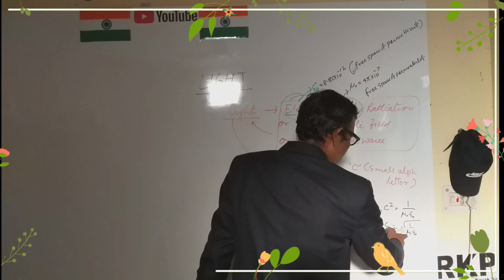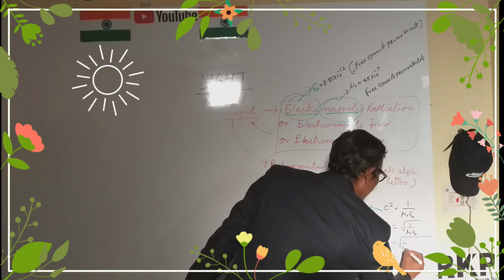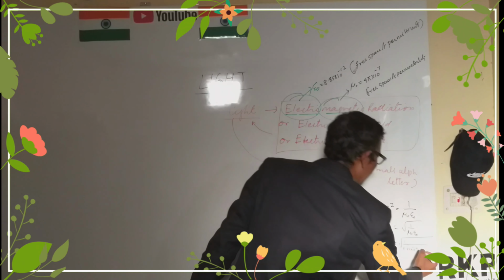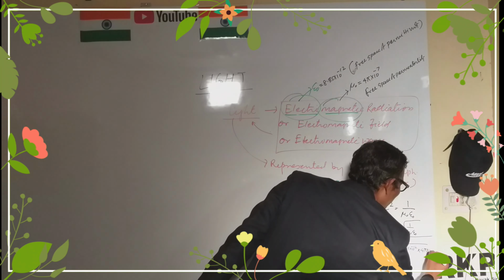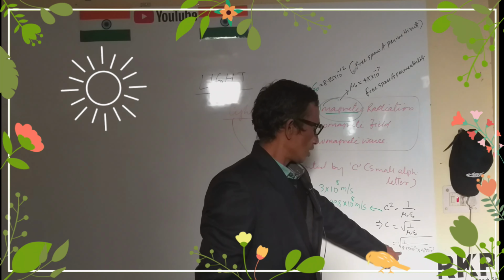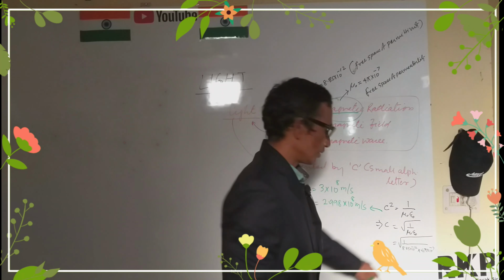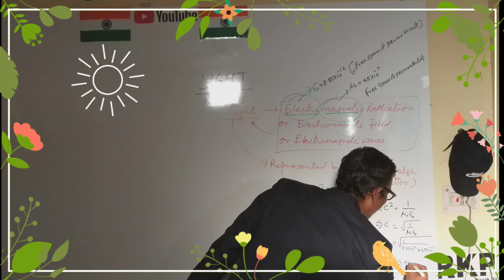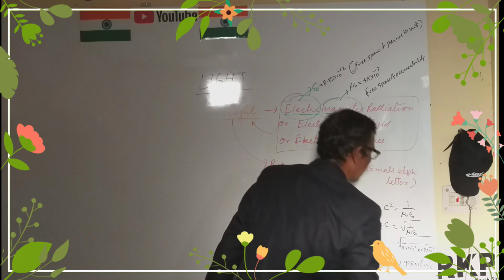When you put in the values, it is root under 1 upon 8.85 into 10 to the power minus 12 and 4 pi into 10 to the power minus 7. After simplifying this, we get exactly 2.998 into 10 to the power 8 meter per second.